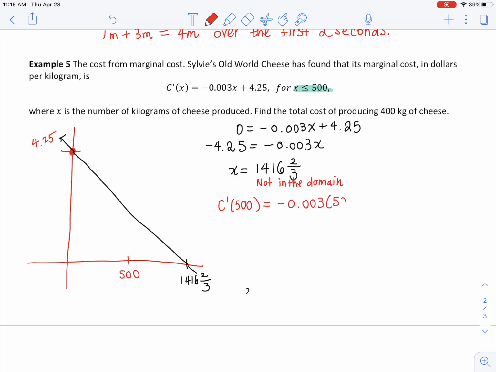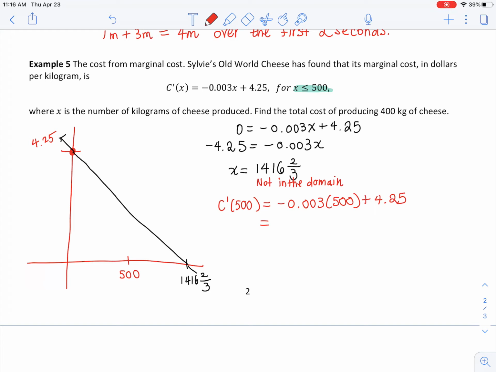So I should probably just figure out what the marginal cost is at 500 and go up to that point. If I plug in 500, what's the marginal cost at 500? What you are seeing is me trying my best to graph an accurate graph.